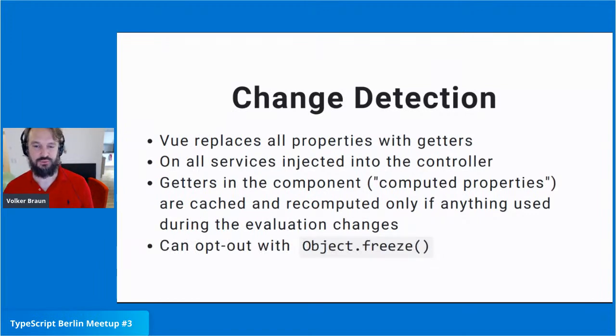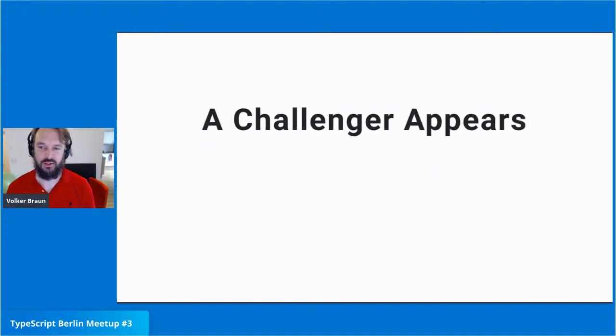And if that scares you, you can actually opt out with Object.freeze. If you don't want your properties converted, you can do that. So this is why I think dependency injection and having things actually assigned inside your component worked really nicely with Vue.